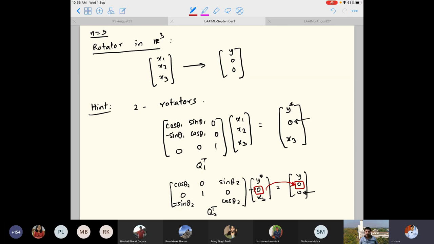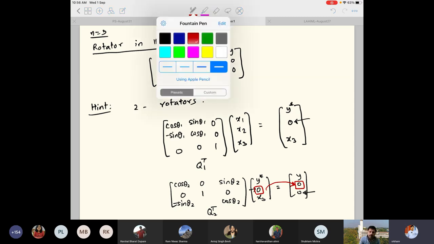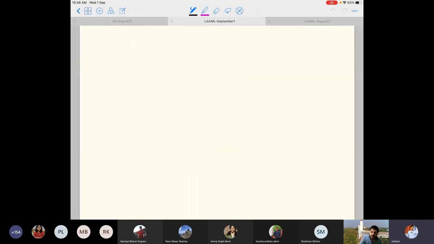So now it's a two-step operation. So basically, if you combine this two-step operation, then what you really get is that you have x1, x2, x3, this vector. You first construct Q1 transpose to introduce a zero here. Then you construct a Q2 transpose to introduce a zero here. And then you will get a vector y, 0, 0 of this type, right?